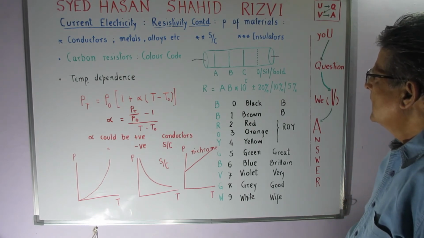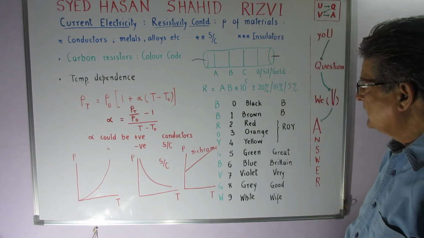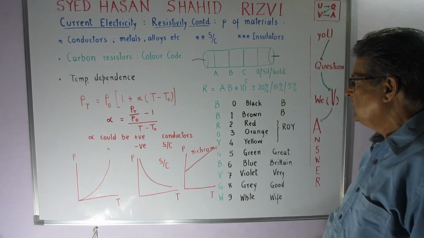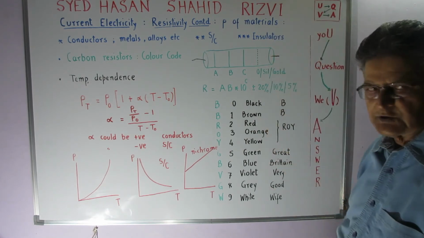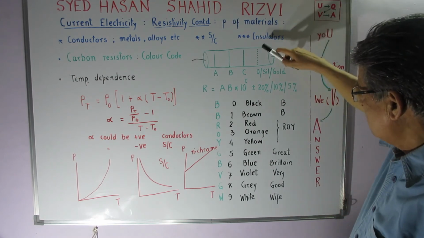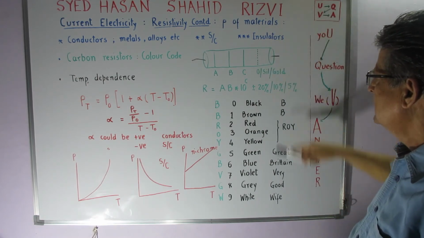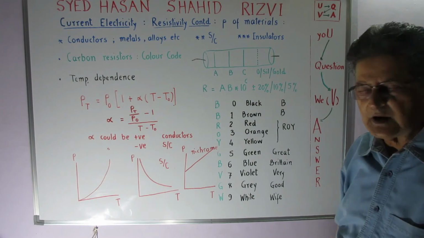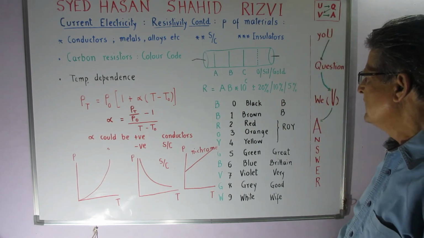If it is missing, then the tolerance, that means inaccuracy, will be 20%. If it is silver in color, then it is 10%, and the best ones are 5%.